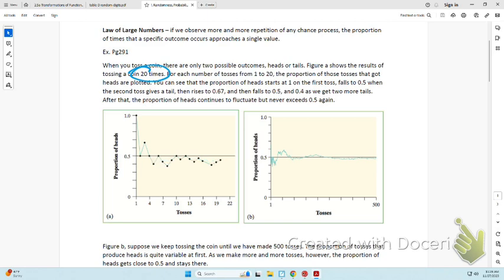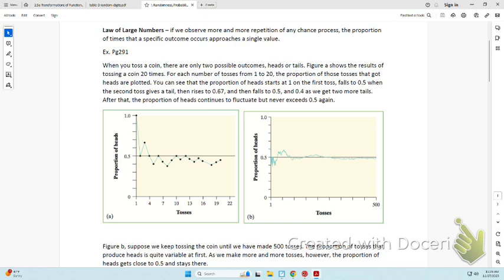Whereas look what happens when we flip it 500 times. It is getting really, really close to 0.5. And this is called the law of large numbers. The more times you do a chance process, the more it's going to approach the true value.